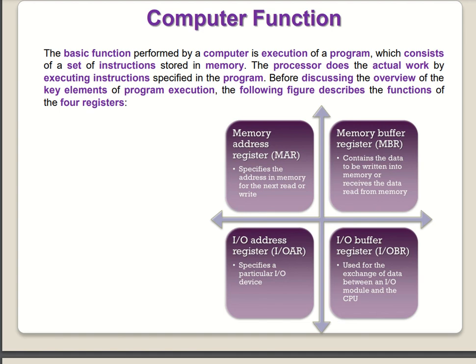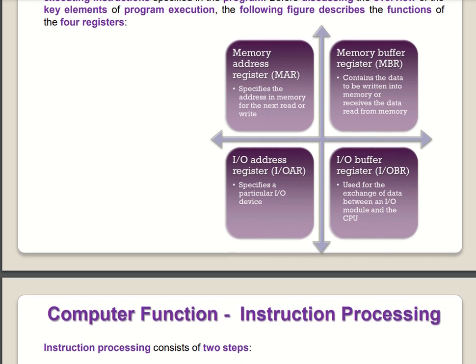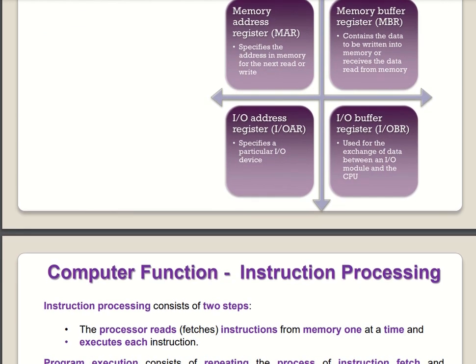And then the IOAR, the address register, that is the address of the particular input-output device. The IOBR, the buffer register, contains the data to be sent to the output device or received from the input device.